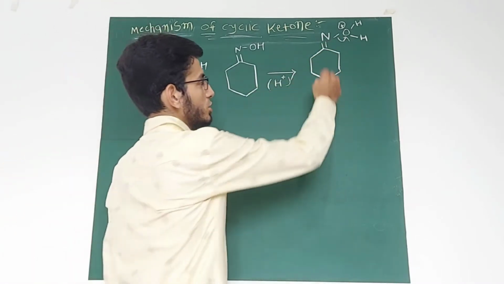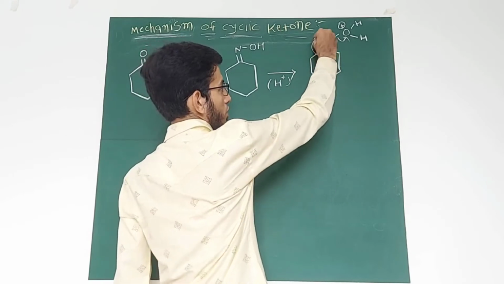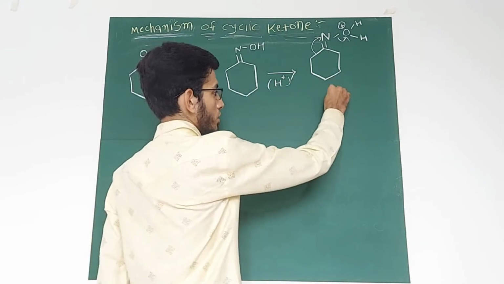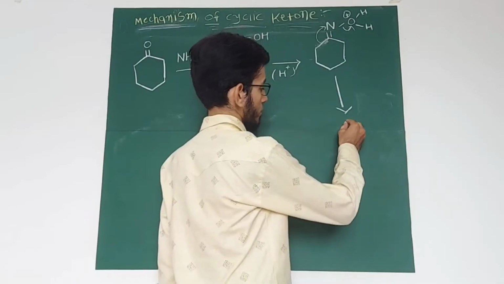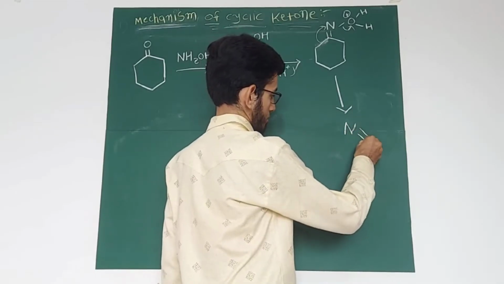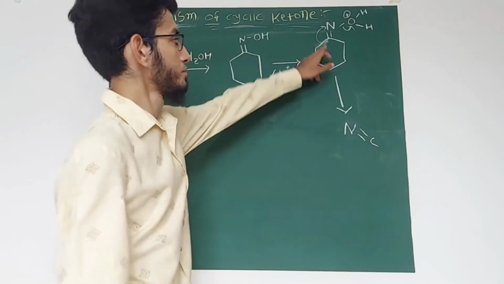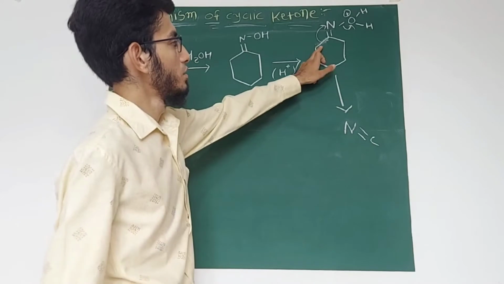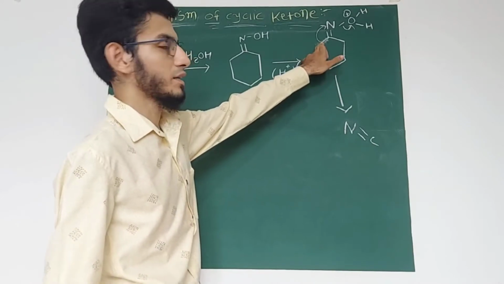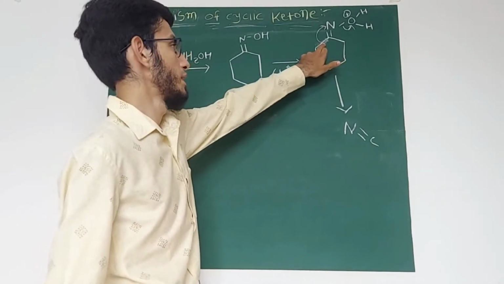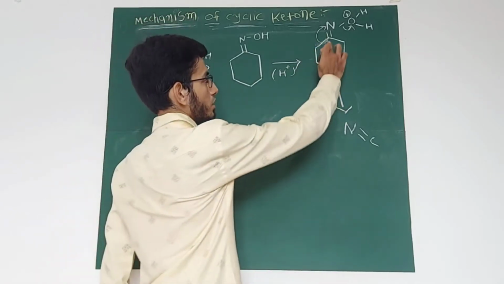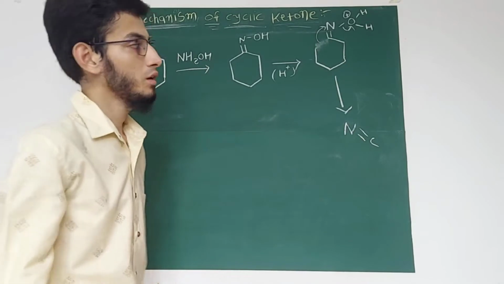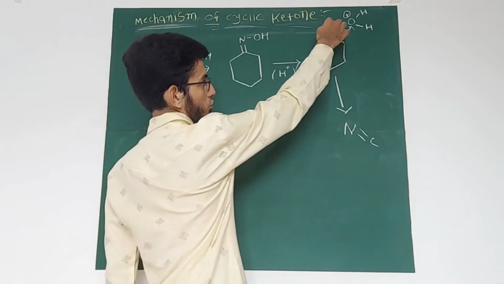So this bond will migrate to the nitrogen, like this. It breaks this bond. So what happened? I am removing this, and this bond will migrate to the nitrogen.